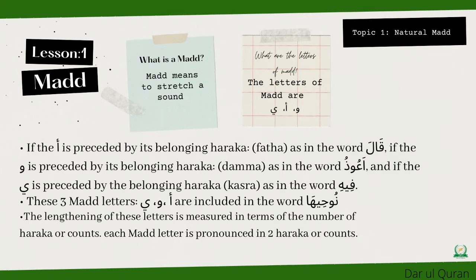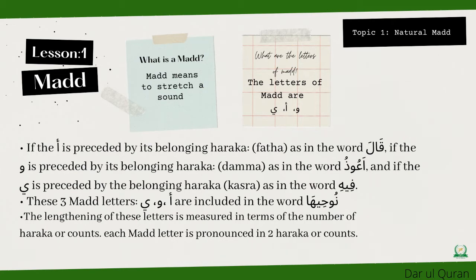If the alif is preceded by its belonging haraka, which is the fatha on the top of the previous letter, then you should stretch the letters to 2 counts, such as in the given word qala. You shouldn't read it as qala, it is read as qala, qala.